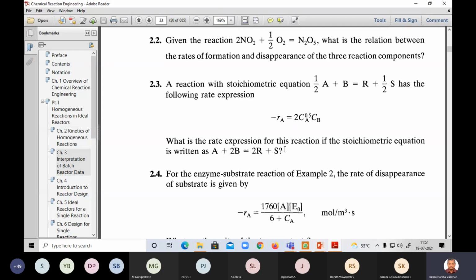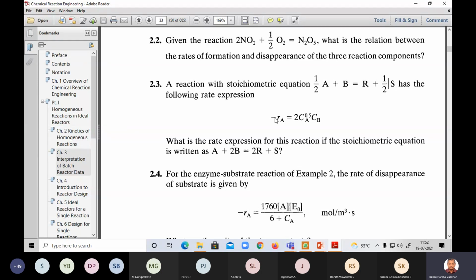Why it is correct: this equation is an elementary reaction, because the rate corresponds to the stoichiometric coefficients, here 0.5 and here 1. For an elementary reaction, the rate corresponds to this, so you can multiply with any coefficient or even divide by any coefficient, and the rate expression remains the same.